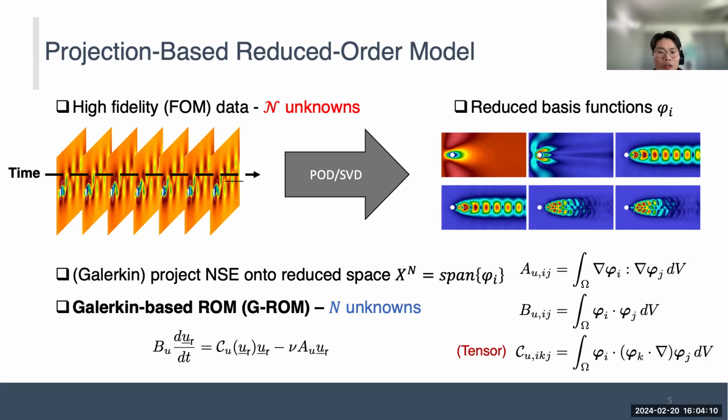And we derive the Galerkin-based reduced order model, which is called GROM. Here A and B are the reduced stiffness and mass matrices. C is a third order tensor due to the advection operator in the Navier-Stokes equations. And you're just solving this reduced ODE, where there are only capital N unknowns.